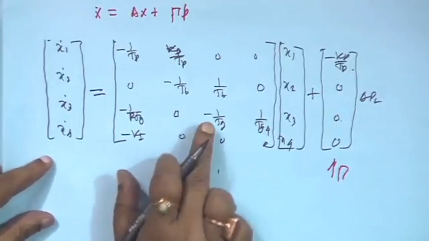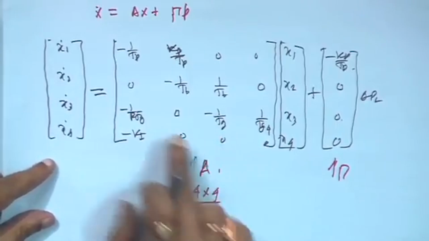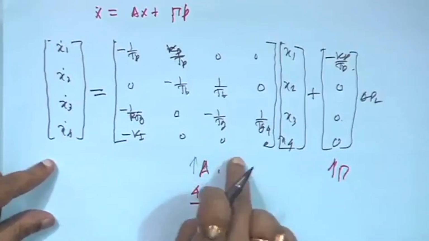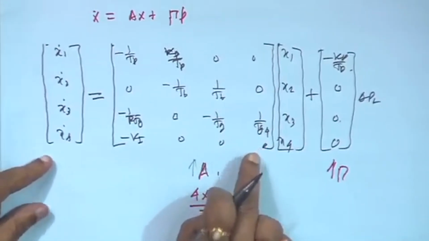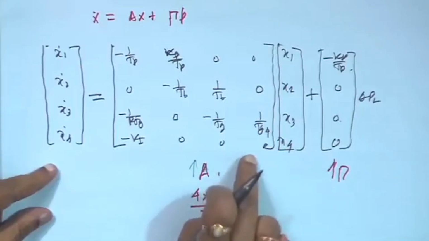I do not know, depending on the parameters, but at least 4 eigenvalues will be there, because the order of the matrix is 4. So, the characteristic equation will be 4th order.